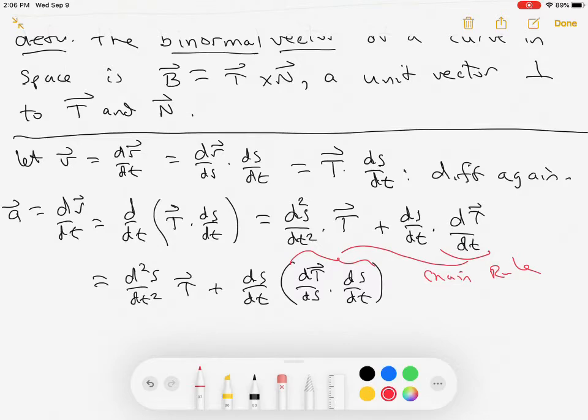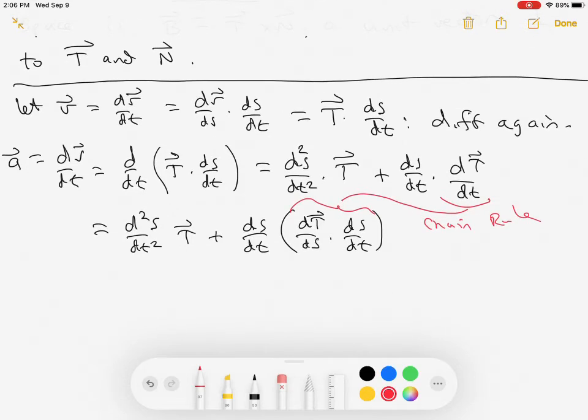Right. Okay, just keep going here. So now I have d squared s/dt squared, the second derivative of s with respect to t, times T plus ds/dt, and dT/ds is kappa times N.